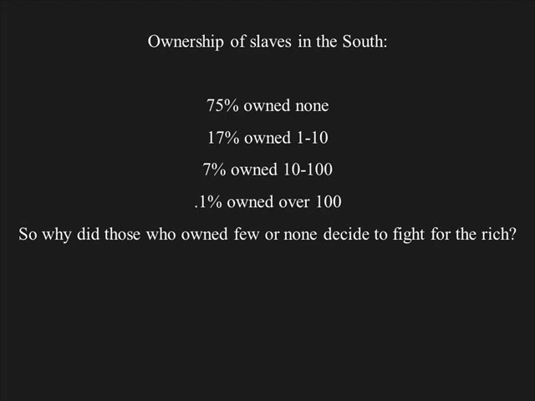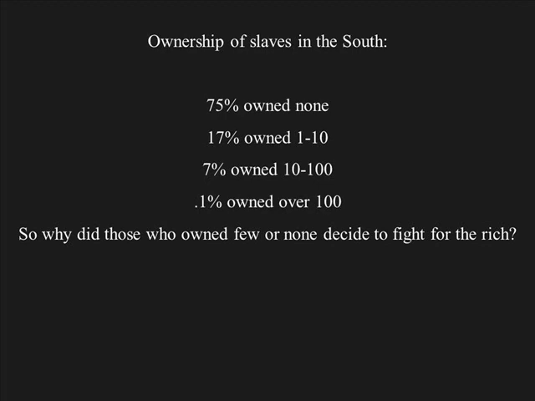About 17% of white Southerners owned very few slaves, 1 to 10. So we have about the wealthiest 25% or so that own slaves. The rest are economically cut out.